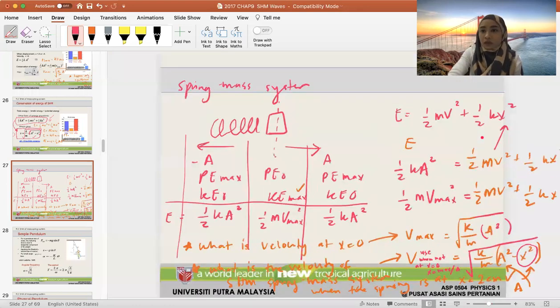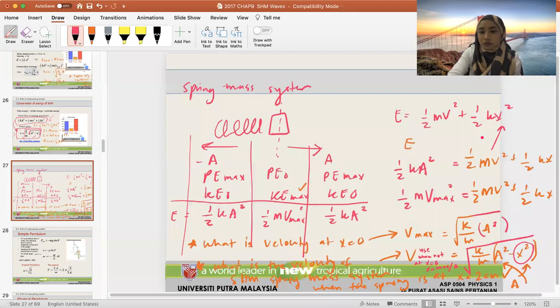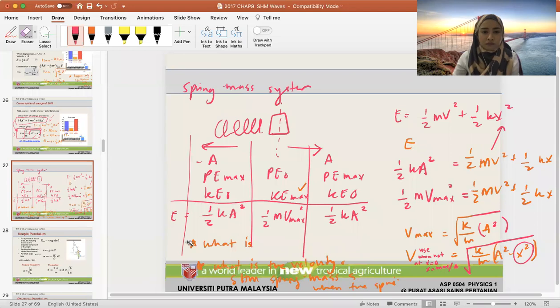Okay. Betul. Kalau kita tengok sekarang ni, E ialah 1/2 KA kuasa 2 kan? So when it reaches the daya keupayaan paling tinggi, bila dia 1/2 kx max tu, automatically half mv square tu akan jadi kosong, right?